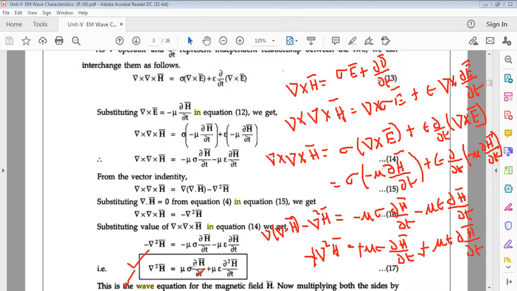Del square H bar is equal to mu sigma dou H bar by dou T plus mu epsilon dou H bar by dou T. There is no dou square here, only dou H bar by dou T. Del square H bar is equal to mu into sigma dou H bar by dou T plus mu epsilon into dou H bar by dou T.